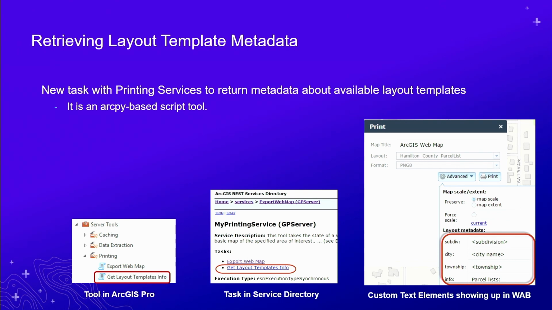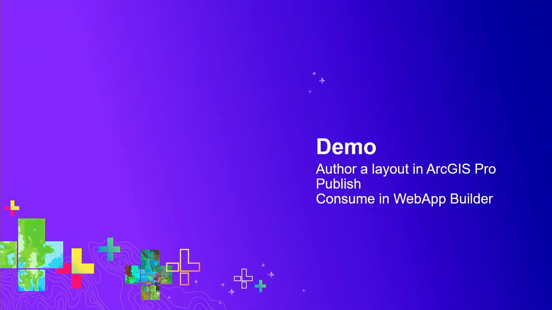And really, this brings forward some of the metadata from your templates to power the web apps and allows you to do some customization of custom text elements and things like that, like this example in Web App Builder. And with that, we'll turn it back over to Tanu for another demo, authoring a layout in Pro, publishing, and consuming a print service in Web App Builder.